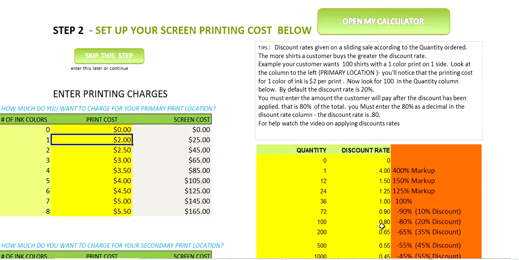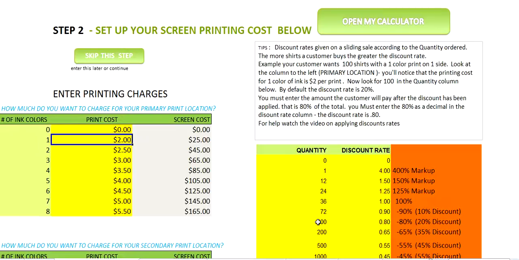Now, normally, without a discount rate, you would just multiply $2 times 100, which would give you $200 for the printing cost. By default, the calculator is set to give you a discount rate of 20%.